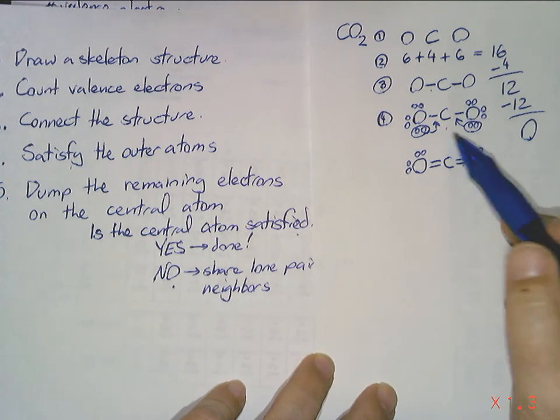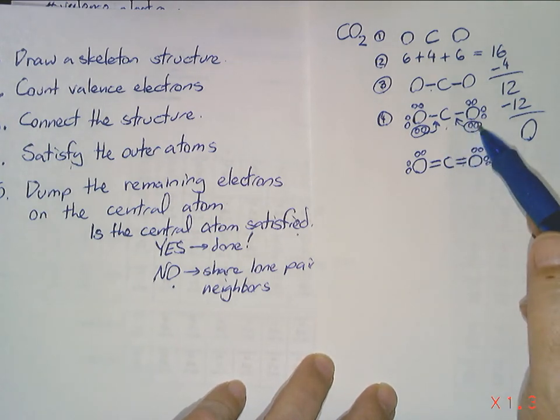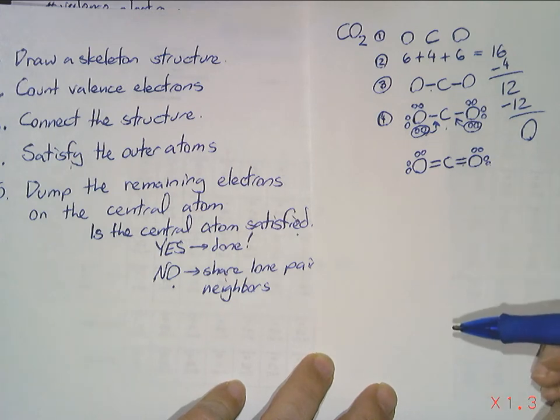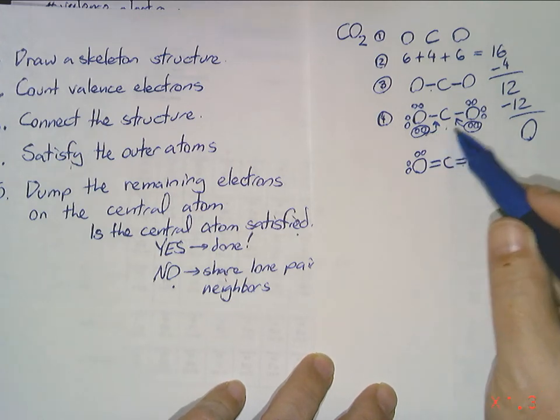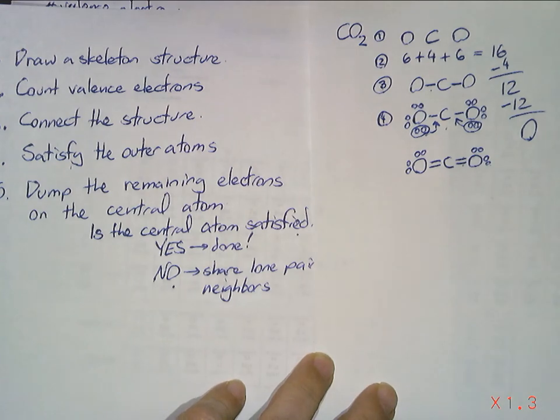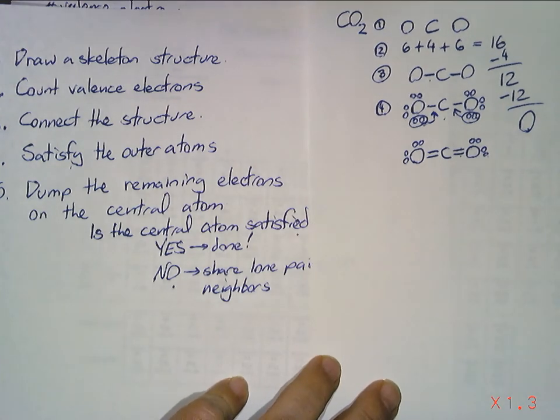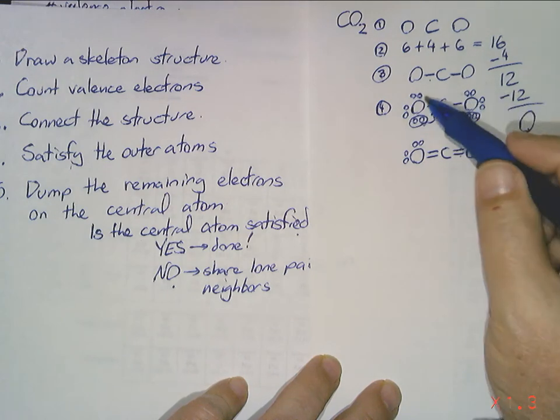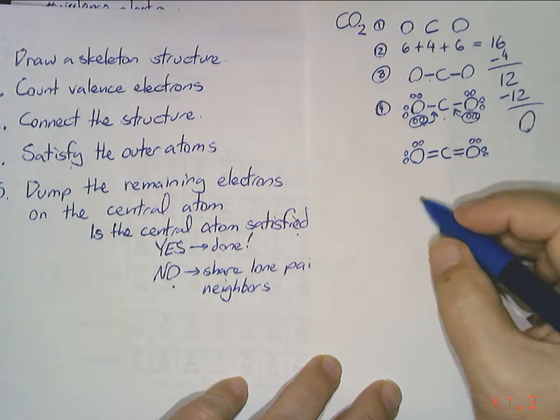Now, I kind of said, well, it'll turn out that the best way to do it is this way and this way. How did I know that? Well, there is something that we can do to check and see if we're sharing electrons with neighbors properly, because there was another way that I could have done that. What if instead of sharing a lone pair with each of the neighbors, I took 2 lone pairs from one of the neighbors?